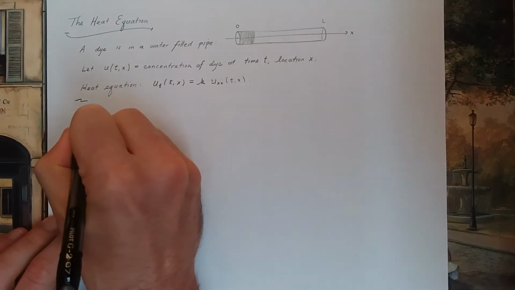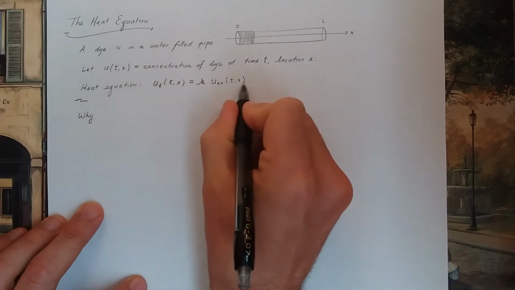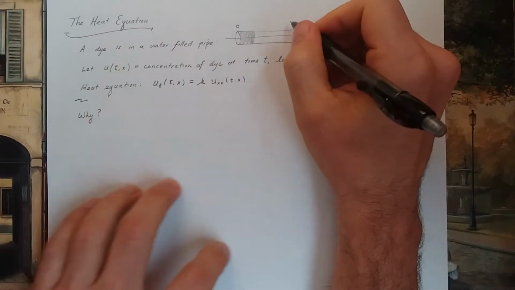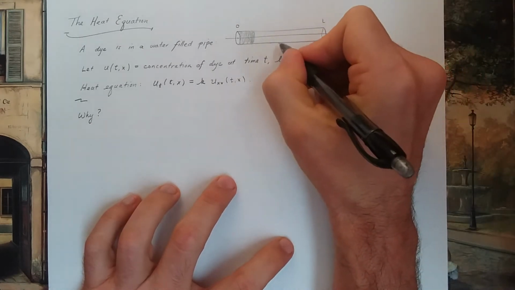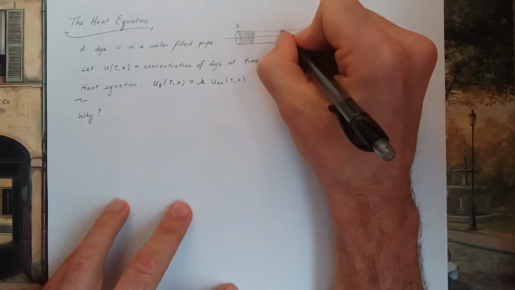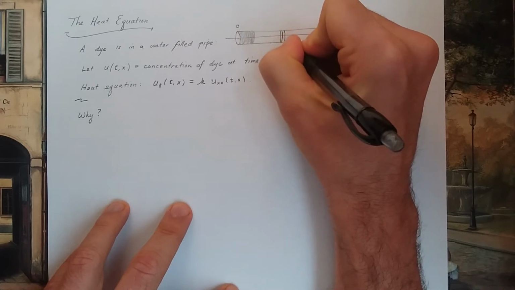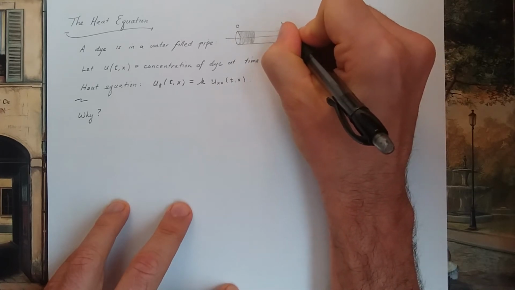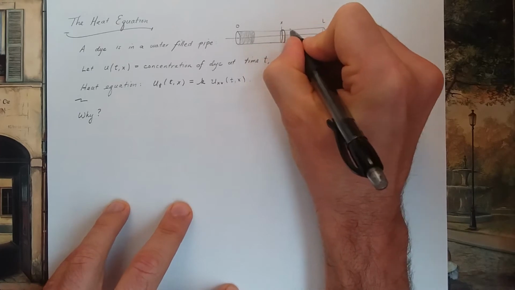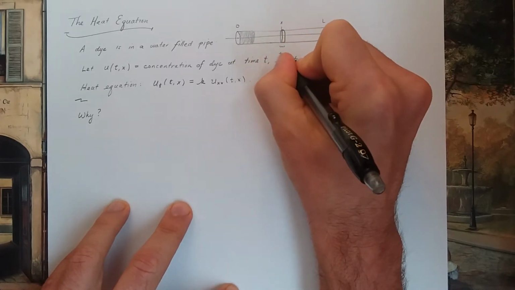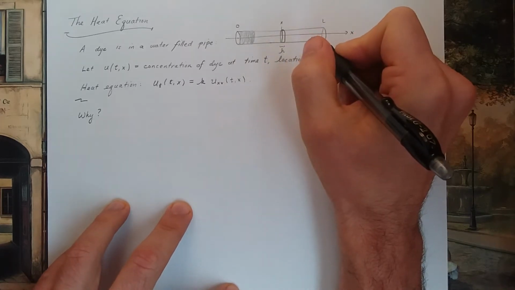So why is the heat equation this? Well, the idea is you could take a very small cross-section of this pipe. So take a small sliver of pipe. Maybe I'm at location x, and maybe the width of this small sliver of pipe is h.